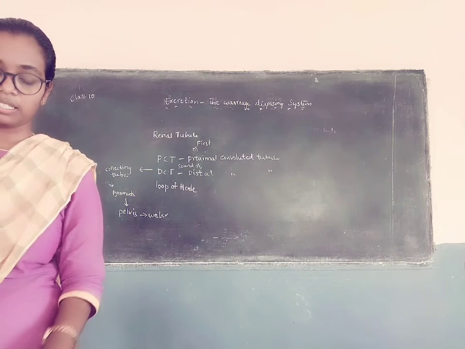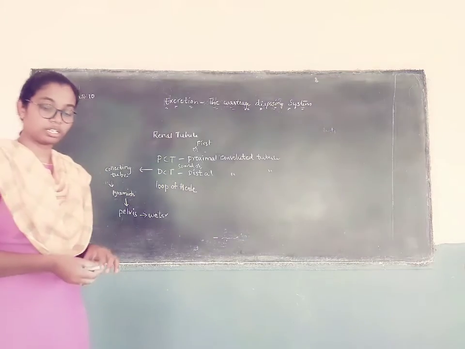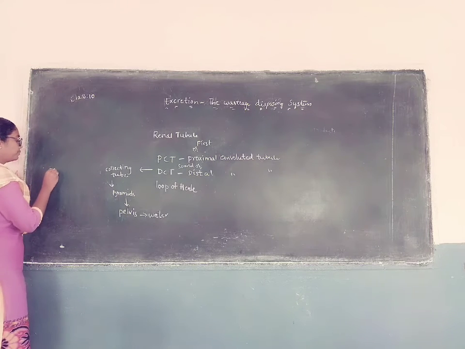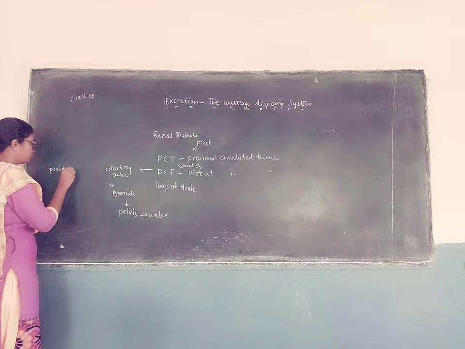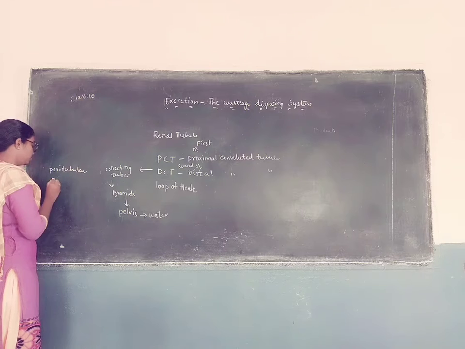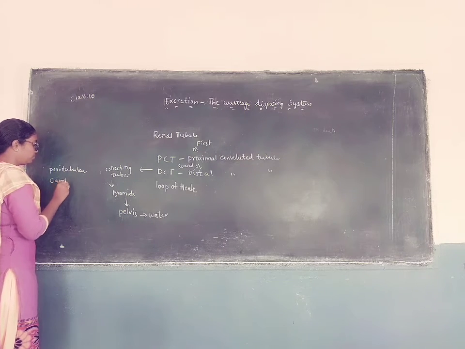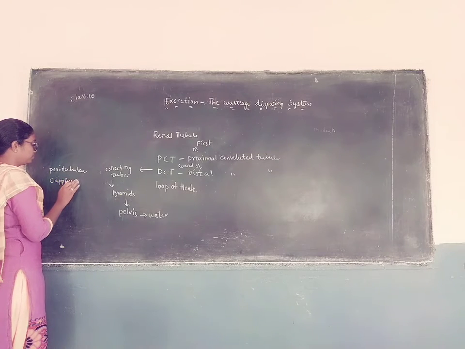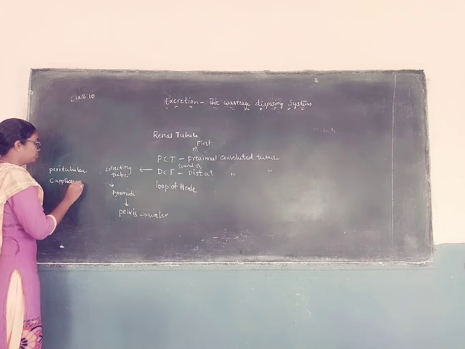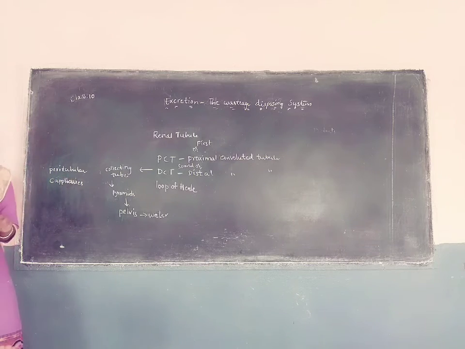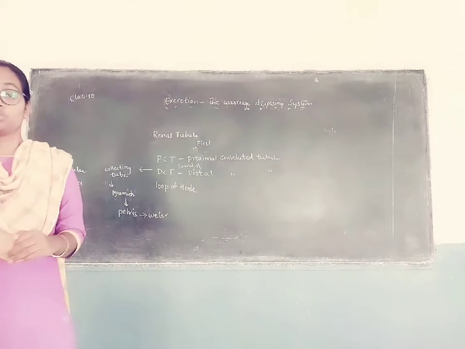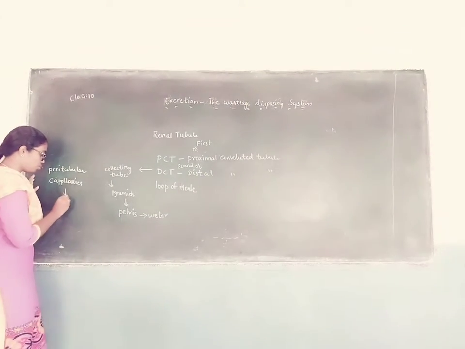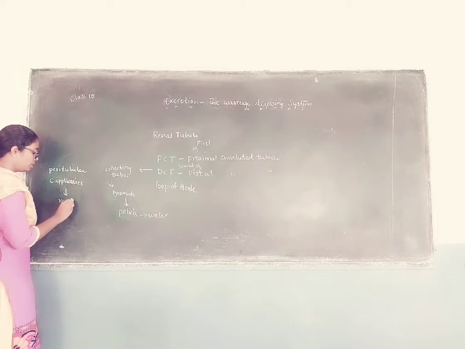So here these peritubular capillaries join to form a renal venule.